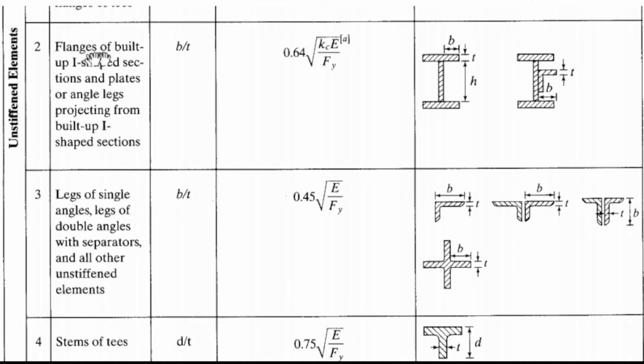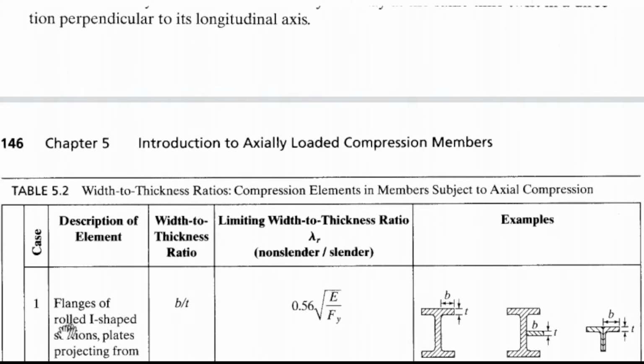Flange of built-up I shape. I think this is also flange of rolled I shape. Rolled meaning it is not built up; it is a regular shape. But take a look, how can we have this rolled? This part is built up, but this is rolled.